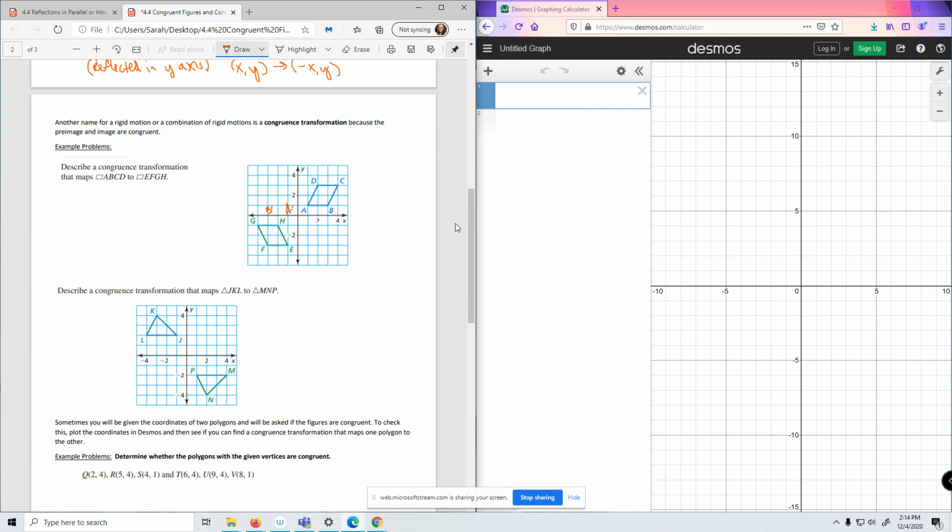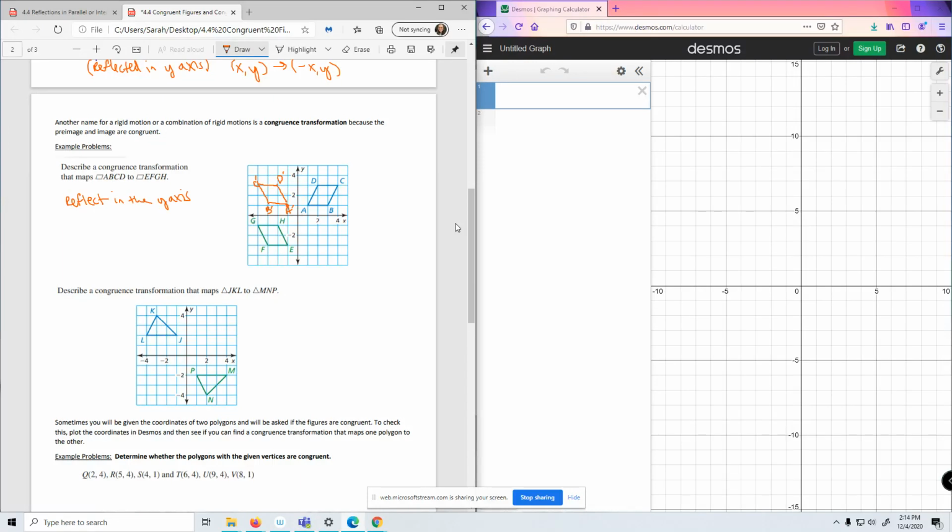If I go 4 away in the other direction, I get C prime. D is 2 away from the y-axis. If I go 2 away in the other direction, I get D prime. So if I connect those points, I end up with this orange parallelogram here. So first we reflect in the y-axis.